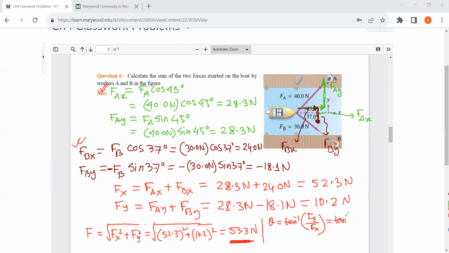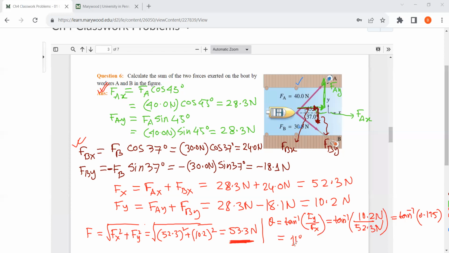Here Fy is 10.2 Newton and Fx is 52.3 Newton, so that is equal to tan inverse 0.195, which is equal to 11 degrees. So the angle here will be 11 degrees.